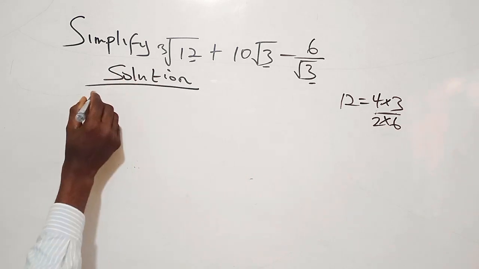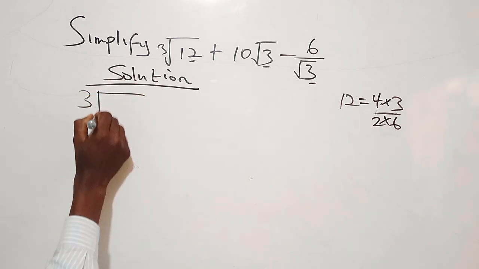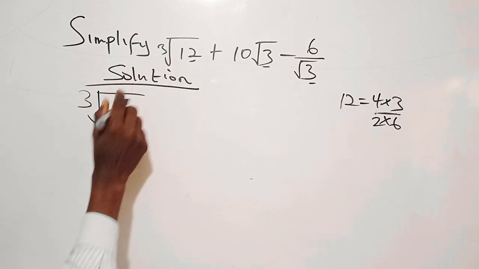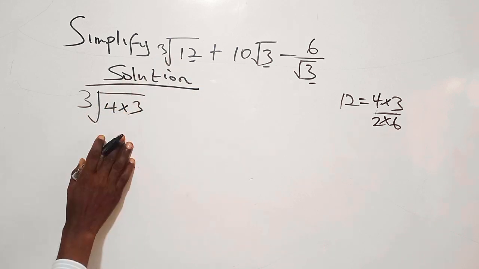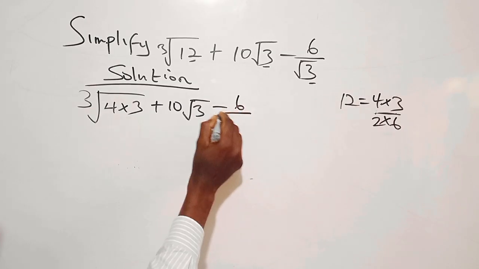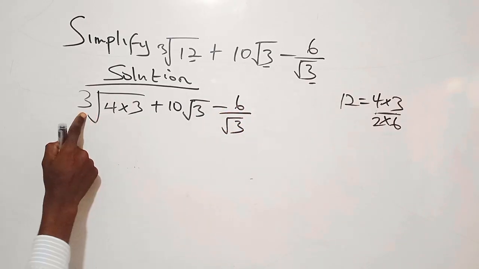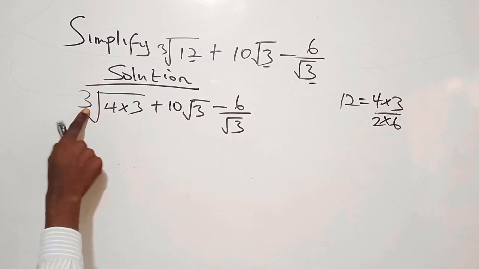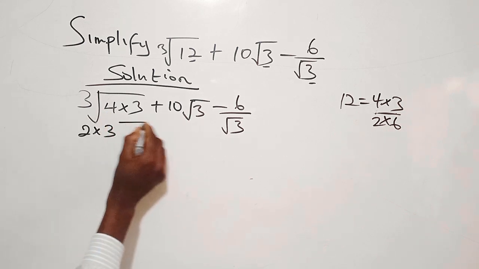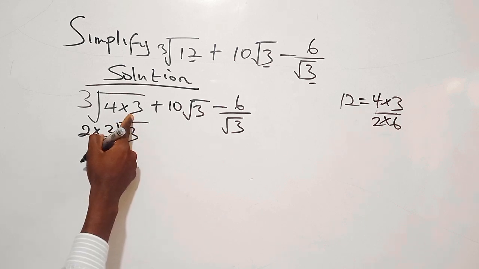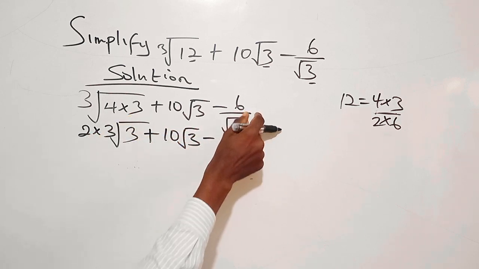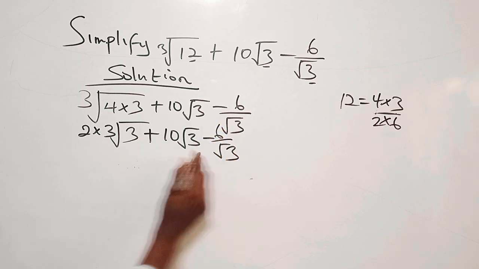So here I have 3 times the root of 4 times 3, plus 10 root 3 minus 6 divided by root 3. The square root of 4 is 2, so I have 2 times 3, and you have to put the root on this 3, plus 10 root 3 minus 6 over root 3.